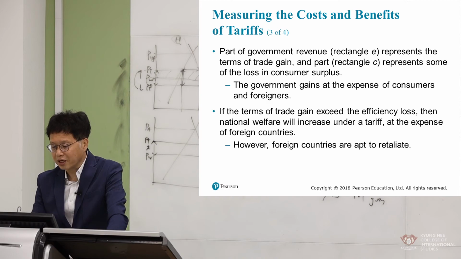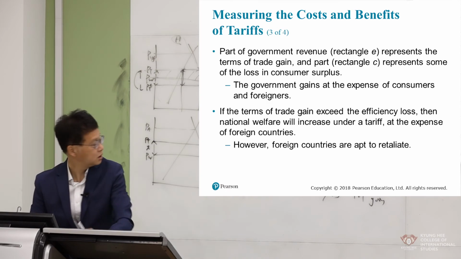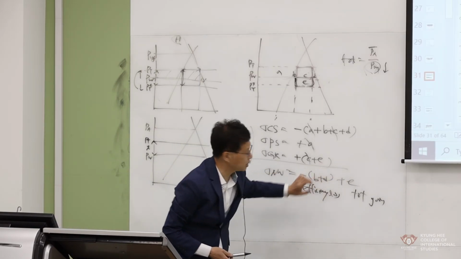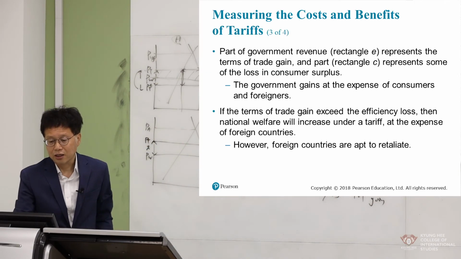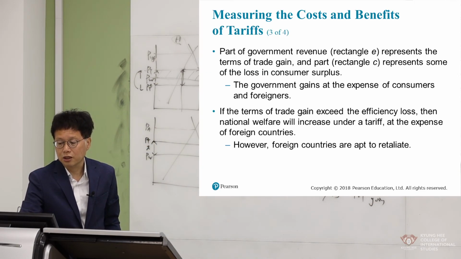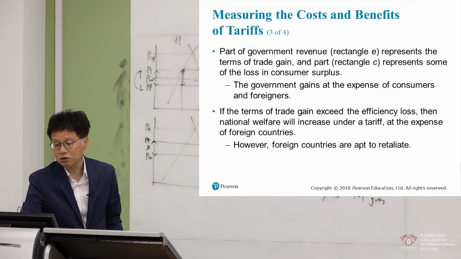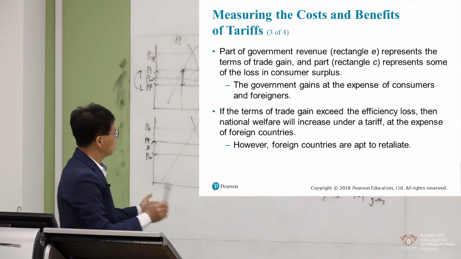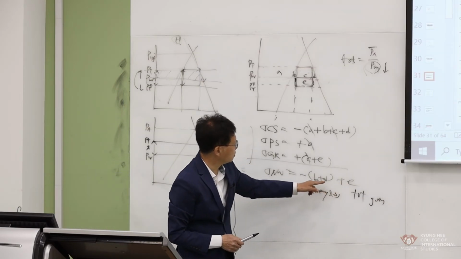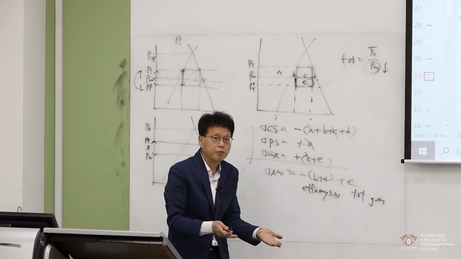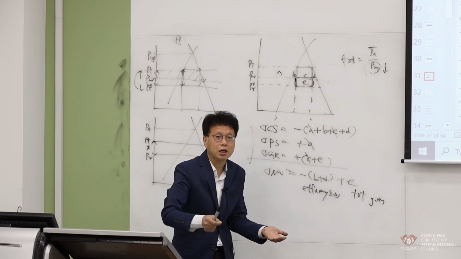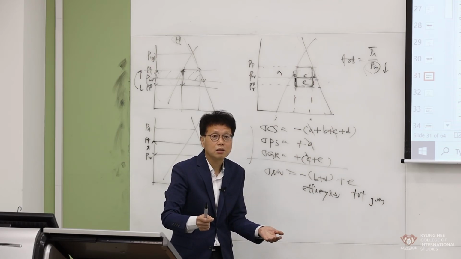If the terms of trade gain exceeds the efficiency loss, if this is greater than the B plus D area, then national welfare will increase from the tariff at the expense of foreign countries. However, foreign countries are able to retaliate. So it's possible that if E is greater than the B plus D area, national welfare can increase after imposition of the tariff, right?